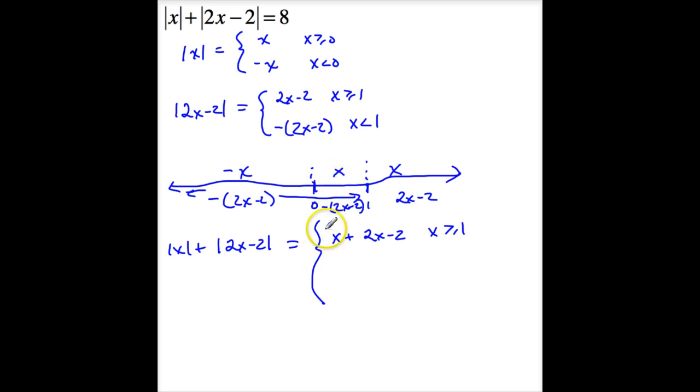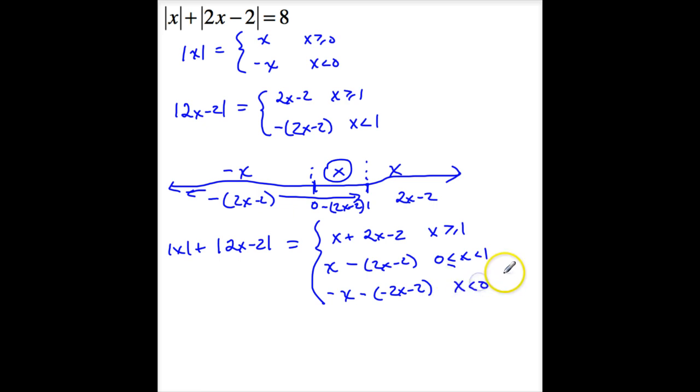What is it going to be equal to? It's equal to the top function, which is x, minus 2x minus 2 for all x between 0 and 1. Now, what about when x is less than 0, down here? Then it becomes negative x minus negative 2x minus 2 for all x less than 0.